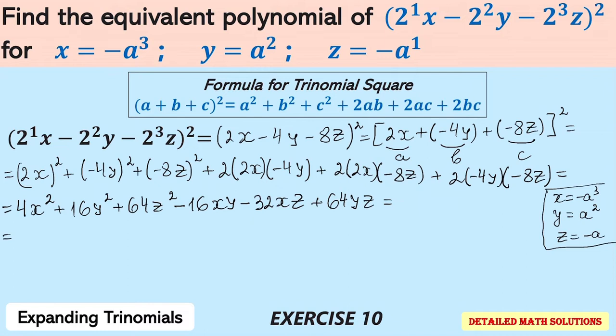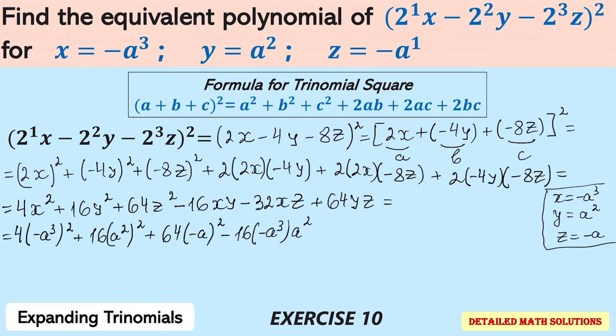When I do that, this equals to 4 negative a cubed in parentheses squared plus 16 a squared to the power of 2 plus 64 negative a to the power of 2 minus 16 negative a cubed multiplied by a squared minus 32 negative a cubed multiplied by negative a plus 64 a squared multiplied by negative a.